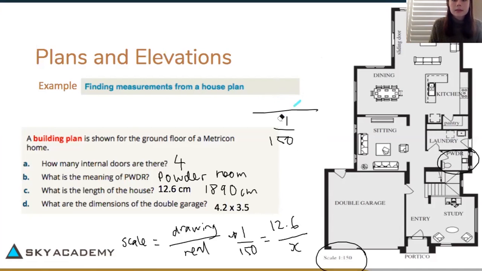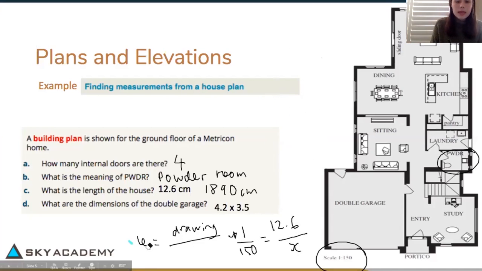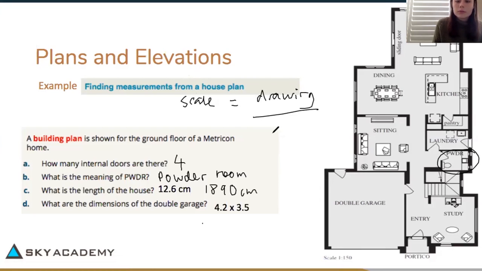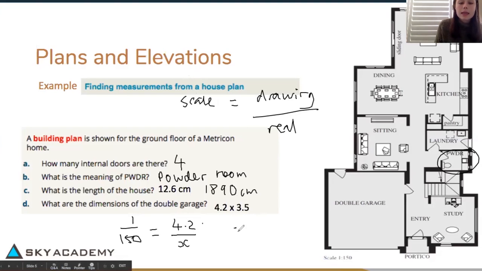And we're going to do the same for the dimensions of the double garage. So our formula, once again, is scale over drawing length over real length. The dimensions on the drawing were 4.2 and 3.5. So we have 1 on 150 equals 4.2 over x, and we have 1 on 150 equals 3.5 over x.